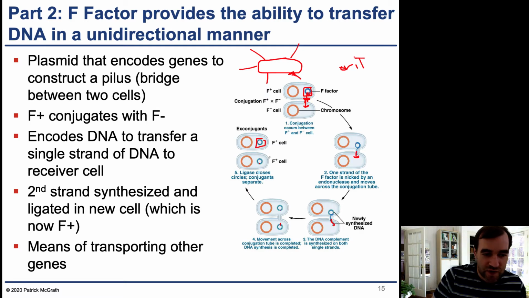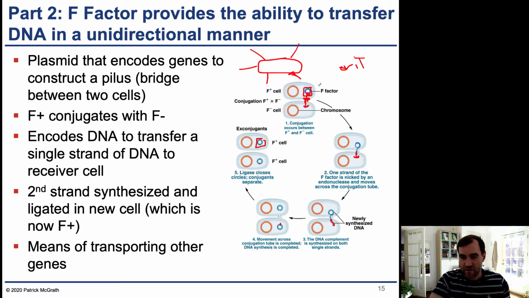This is the reason why the F factor is able to transform. It has this transforming principle: it's able to pass on all of the instructions necessary for making this cell an F plus cell. So now this cell, which was formerly an F minus cell, is an F plus cell, and if it finds an F minus cell, it's able to undergo the same process.